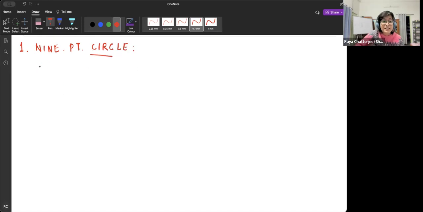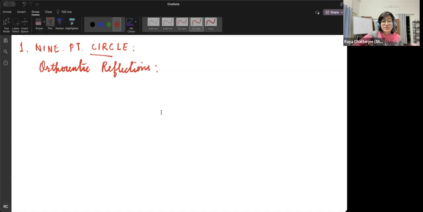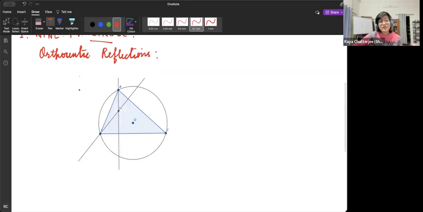So before getting to the 9-point circle, we want to prove this orthocenter reflection. What does the orthocenter reflection tell us? It is the fact that the reflection of the orthocenter across any of the three sides of a triangle lies on the circumcircle of that triangle itself.